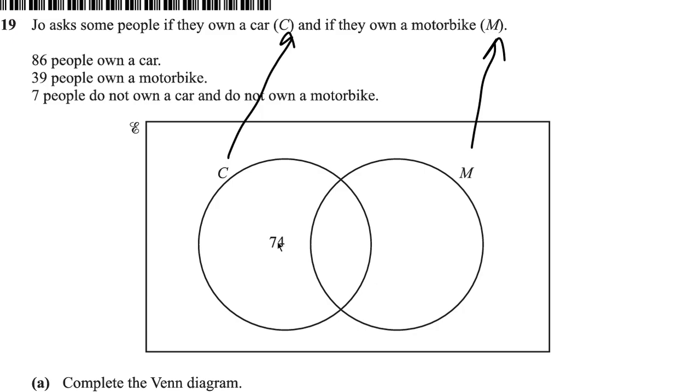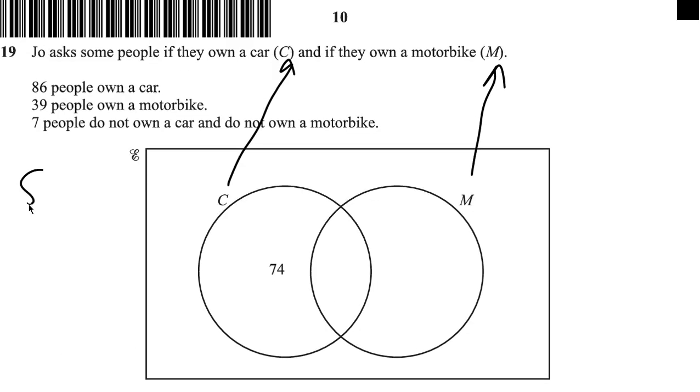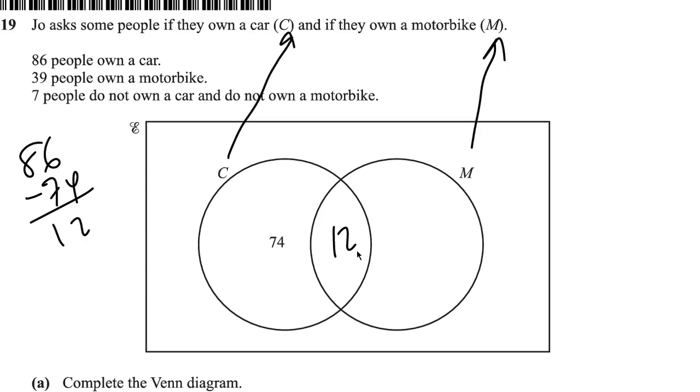So you can see 74 over here, but it says 86 people own a car. So to get what is here, because the question says complete the Venn diagram, we're simply going to do 86 minus 74, and that's going to be 12, right? And why is that? Why is it possible that we have 74 over here?